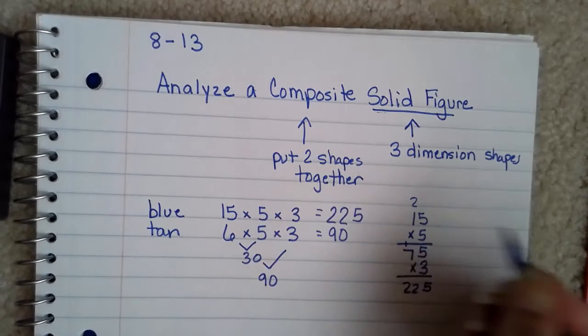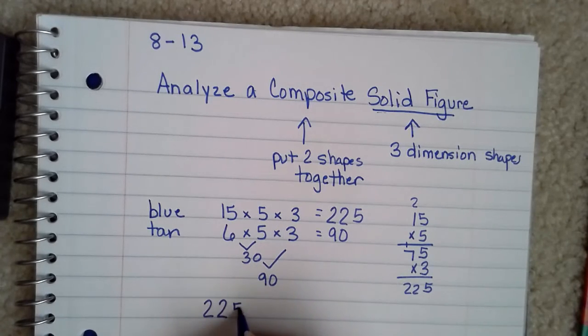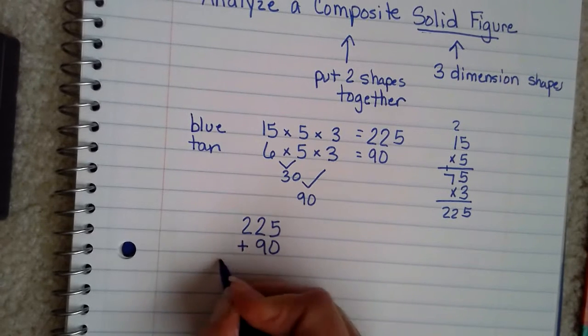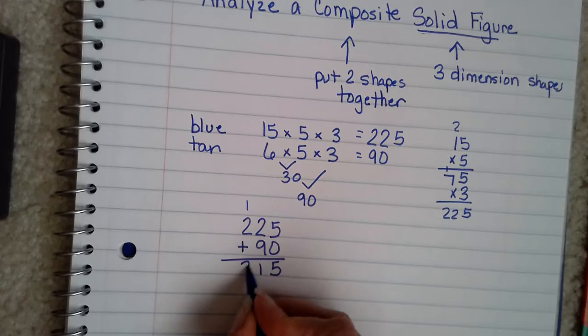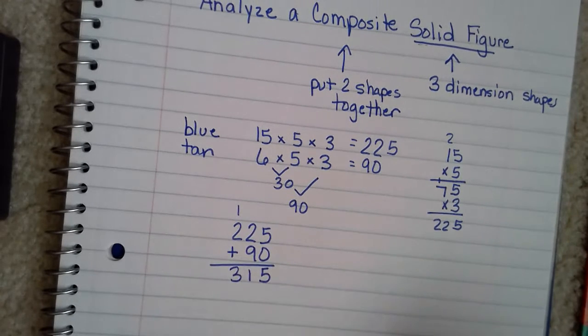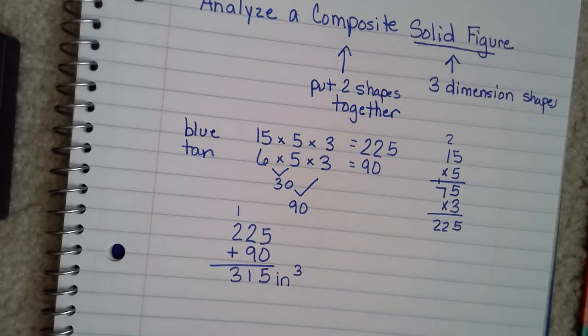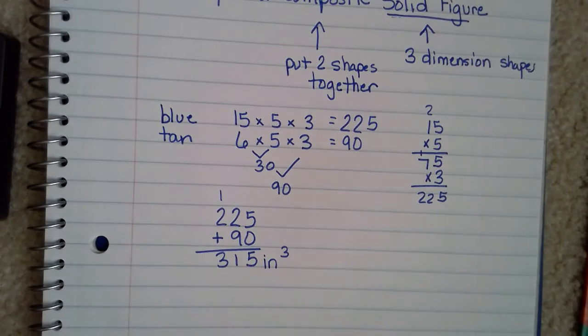So I'm going to add 225 plus 90. I get 315, and it was inches. And it's a three-dimensional shape, so cubed. So 315 inches cubed. The important thing is breaking the shapes apart.